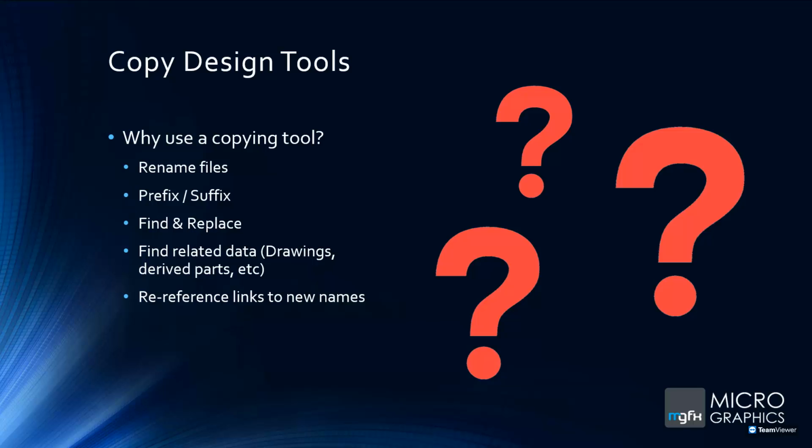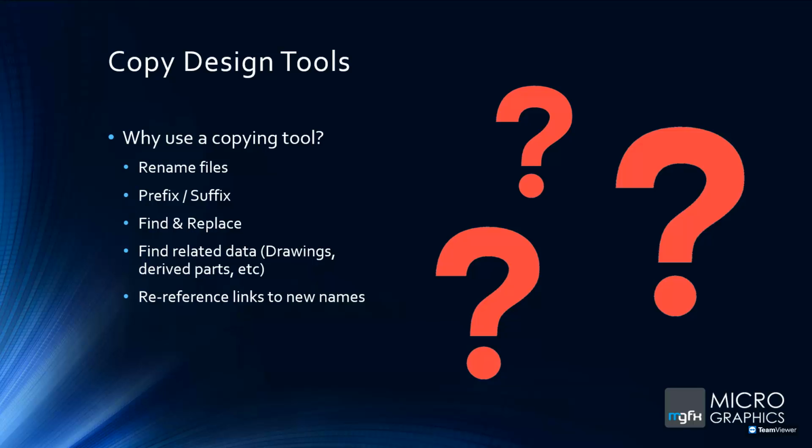So just to kind of round off, why would we use one of these copying tools? Why not just use Windows to copy and paste files? Well, the copying tools, as I've mentioned repeatedly going through them, most of them give you the ability to rename files.